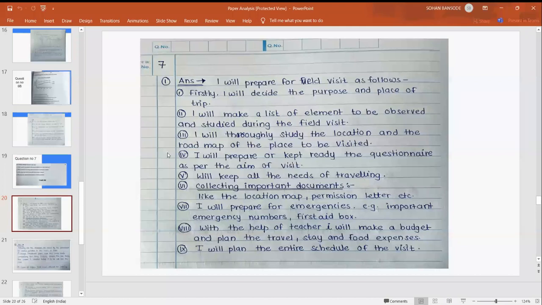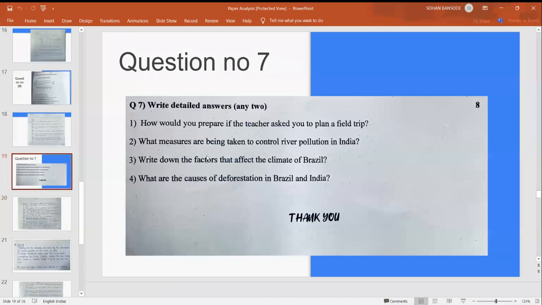Okay, so first, the question is asked in a way that asks what you are going to do. That means whenever you write the answer, you will write that you are preparing for that. I will do that, I will make it, I will enlist that.